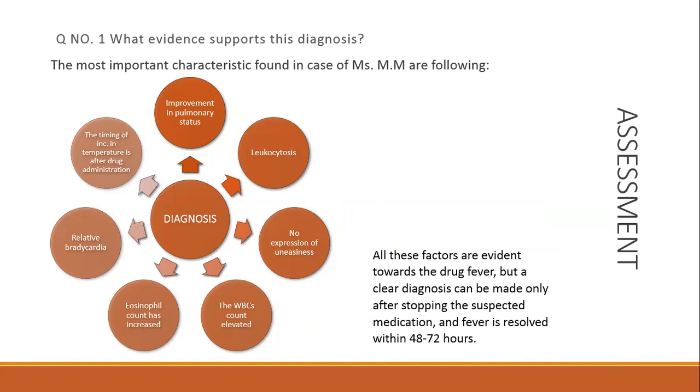Drug fever can be difficult to diagnose and can be misjudged as a new infectious disease or failure of response of the current treatment. It is important to realize all these factors.